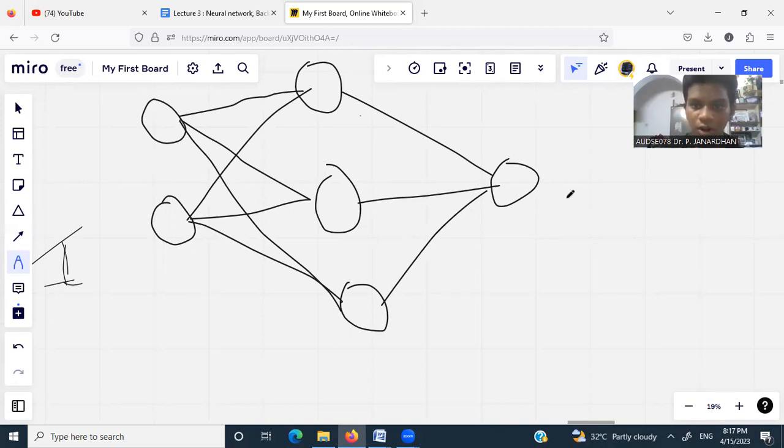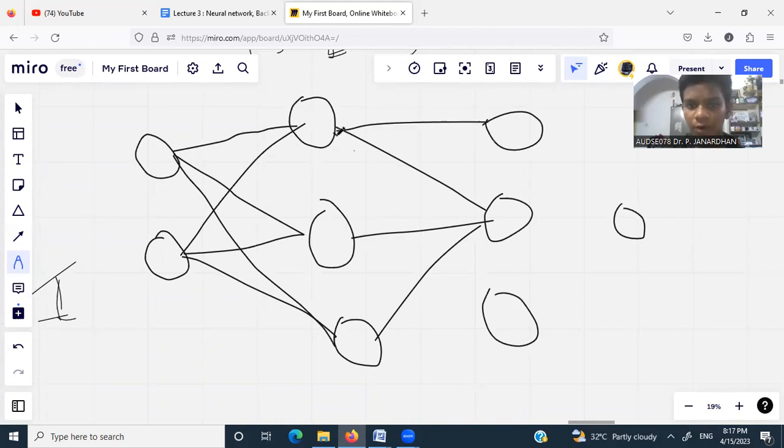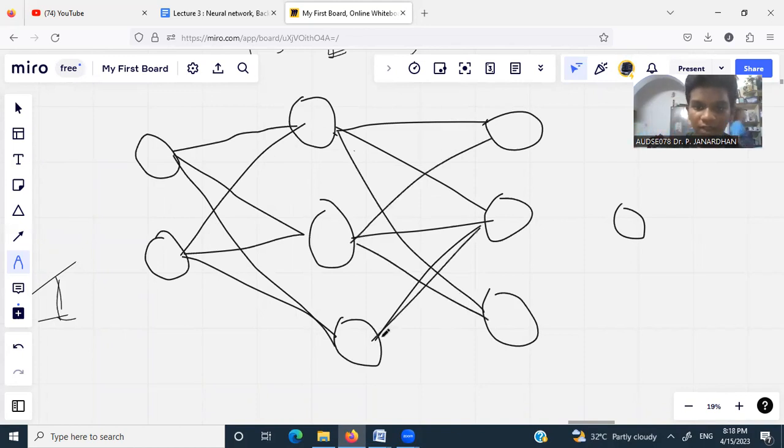Actually, let me draw another layer to understand back propagation. We use back propagation to update these weights. We'll see how we can update these weights.